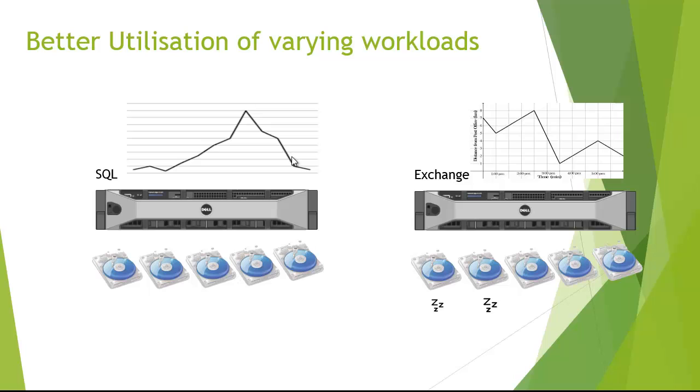SQL Server, it could be sitting idle for 80% of the day, and then you have a department that runs a lot of high intensity reports, and you've suddenly got peak performance. So the problem is we have to size these individual machines to take account of the peak requirements. And therefore quite often we've got disks sitting there doing nothing for 20, 30, 40% of the day. And then we are having to invest a lot of time and money to make sure that the server can serve the requests when that peak requirement does come.